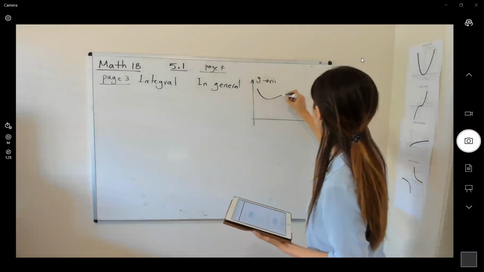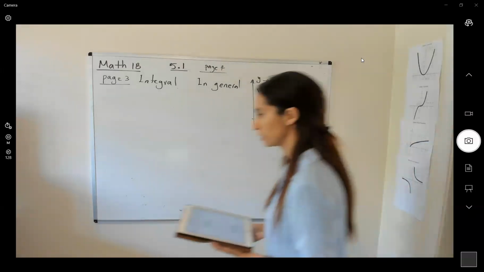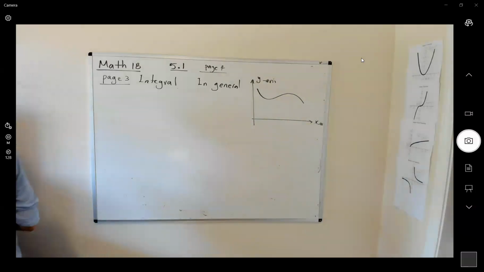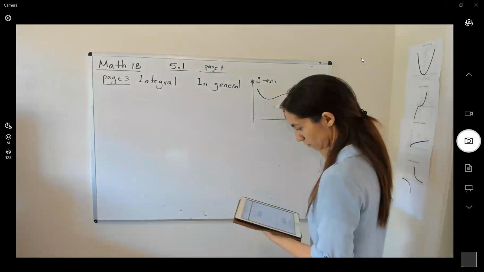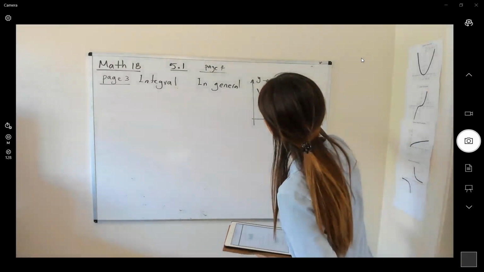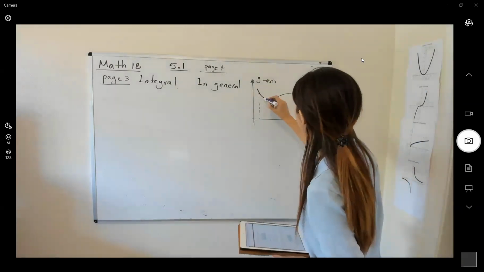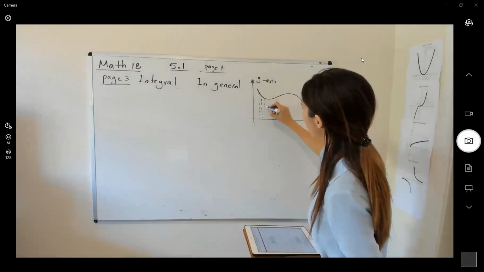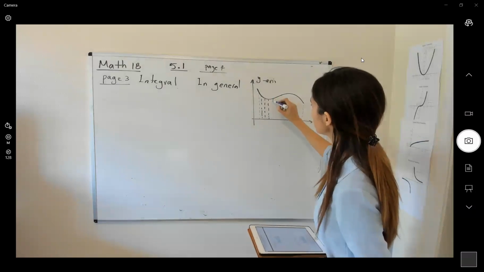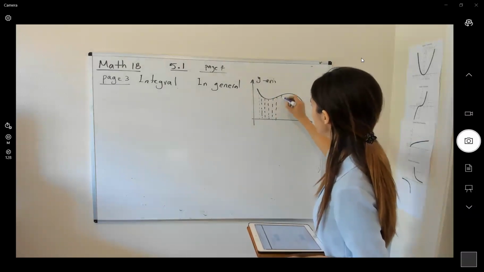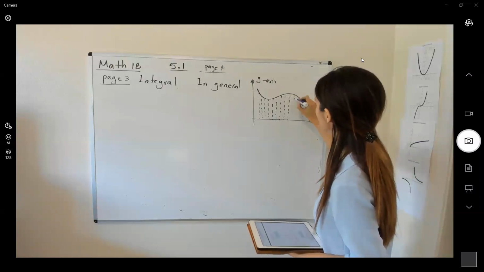Suppose you have this area here between the graph of the function. Okay. And let us just divide this into very small subintervals. So we get these strips.